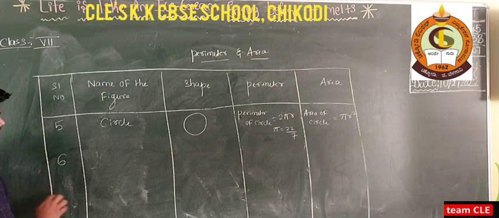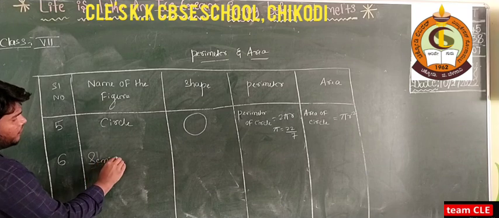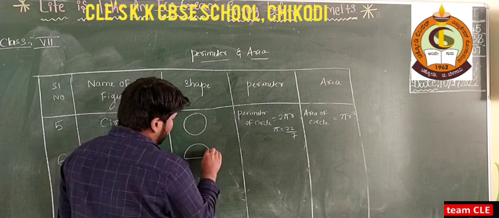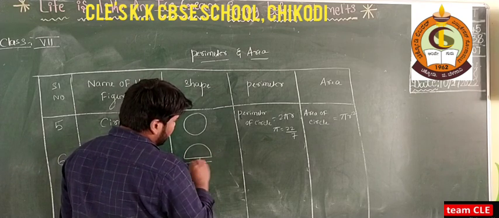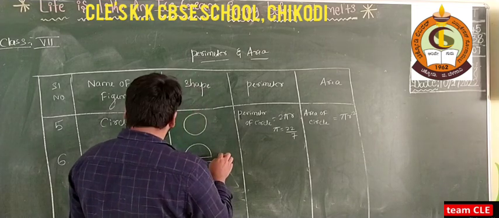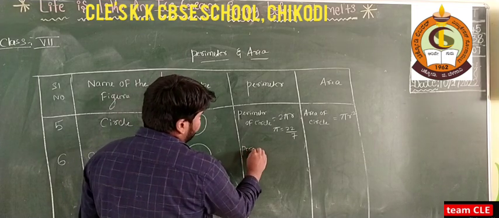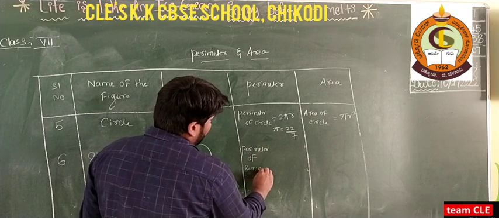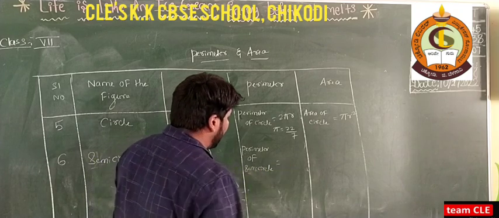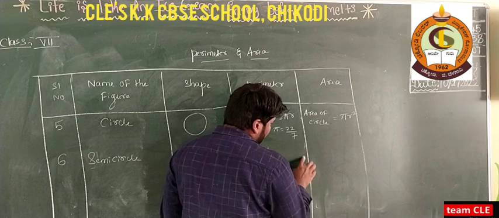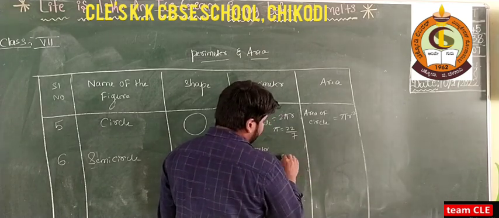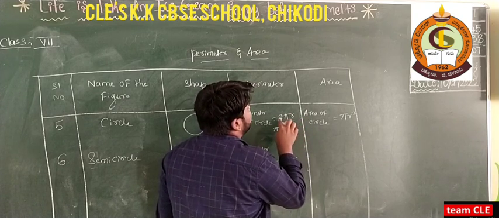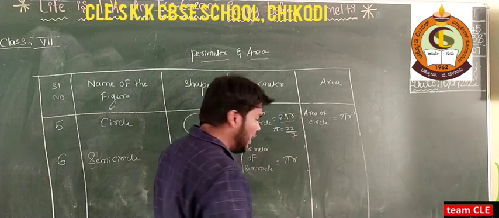Similarly, sixth is the semicircle. A semicircle means a half circle. This is the diameter D. Perimeter of semicircle is half of 2 pi r; dividing by 2, the 2 gets cancelled, so it is pi r.